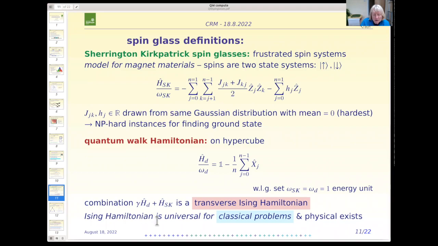Ising Hamiltonians are universal for classical problems, and we can build them easily. Remember, this is a model for magnetic materials. It's two-state systems with nearest neighbor interaction or neighboring interactions, and we can make things like this in the lab. So it's interesting for solving classical problems.